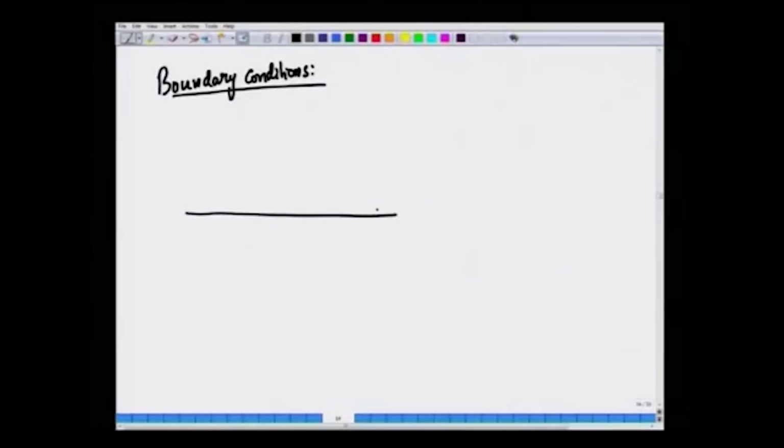Okay. Typically, you will find that you will have a fluid flowing past a solid wall. So, you have flow near a solid surface. Let us say the solid surface, the boundary, is stationary. Okay.